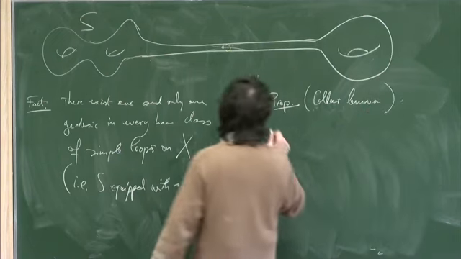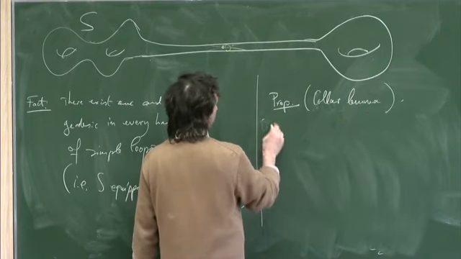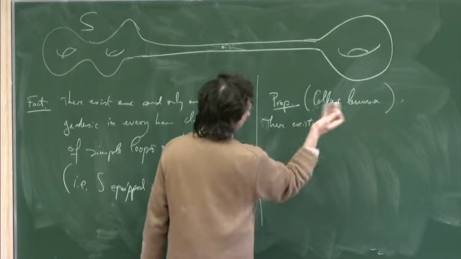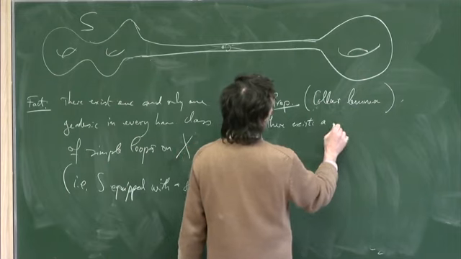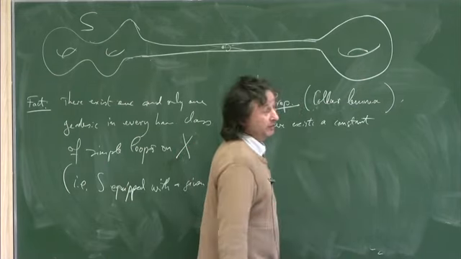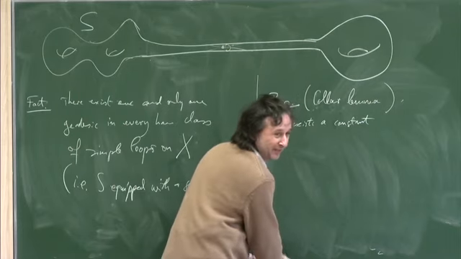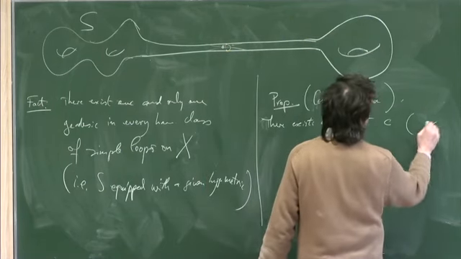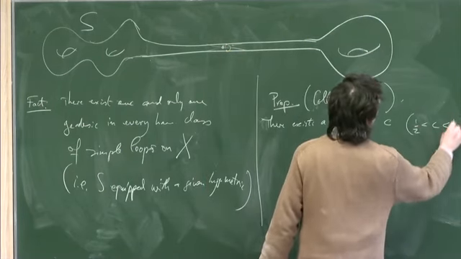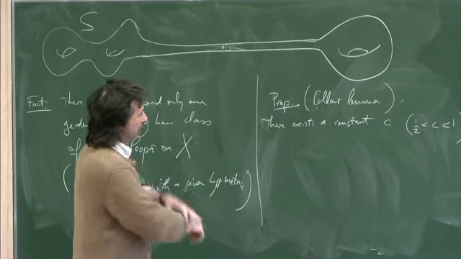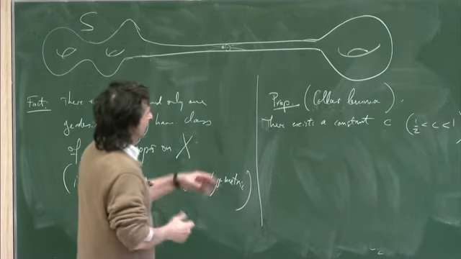It says there exists a constant. Not only does there exist a constant, but I think it's log of 1 plus square root of 2. So it's completely explicit. Let's call it C. Let's say C is somewhere between 1/2 and 1.